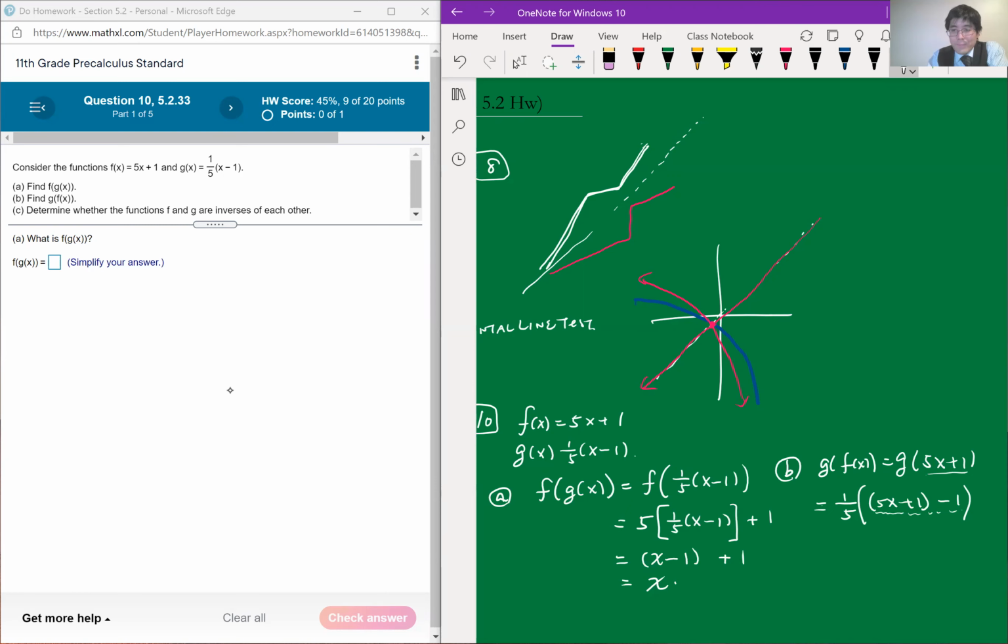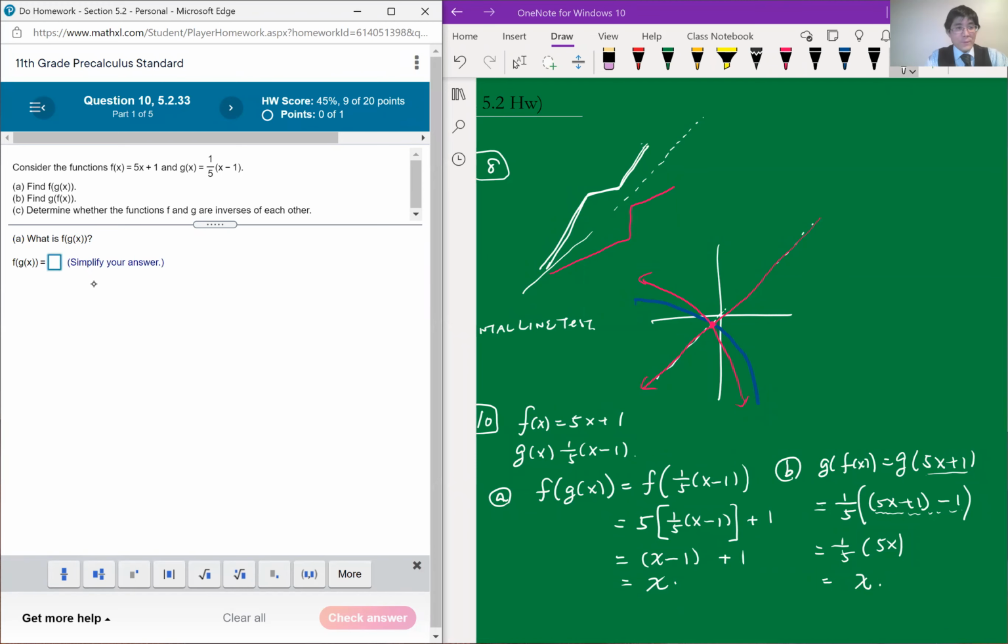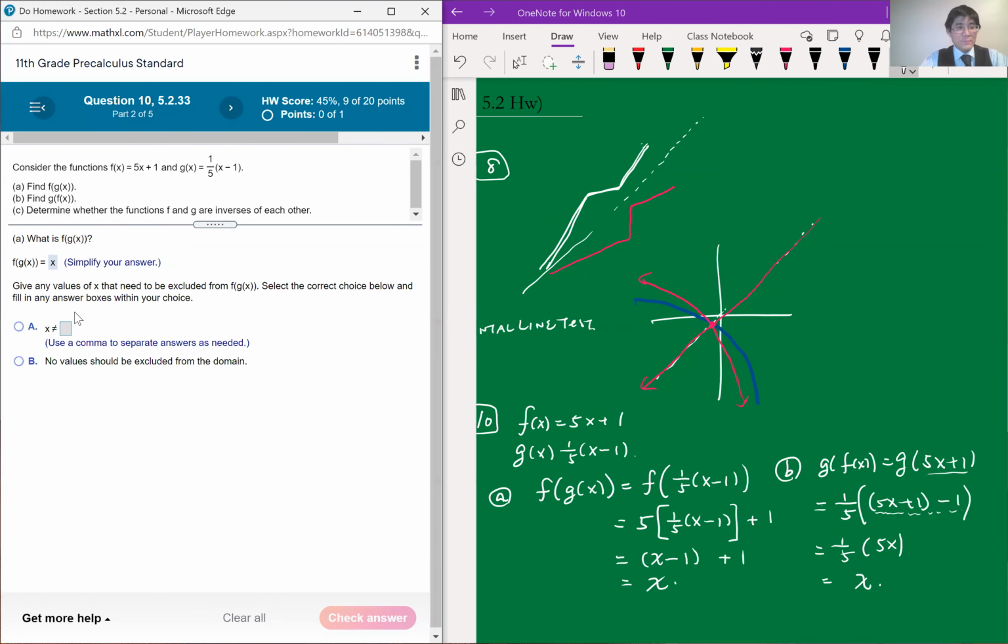Simplifying the inside of the parentheses, it's going to be 5x. So that is also equal to x. From part A and part B, since the composition of f and g gives you the identity function, which means the input is equal to the output, they are inverses of each other.